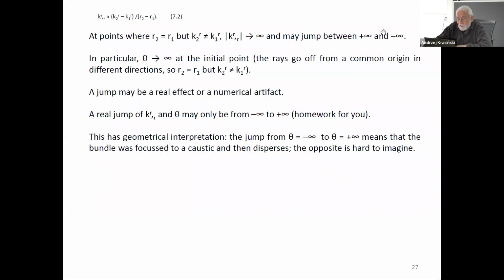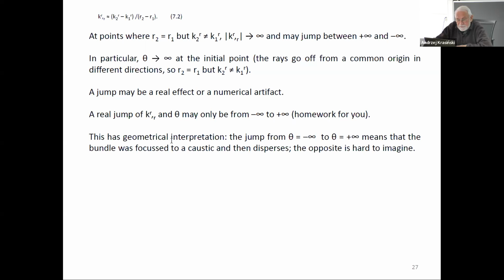But at other points, theta may go to plus or minus infinity and may jump between plus and minus infinity. It can be calculated from this formula that a real jump, it may be a numerical artifact, but if the jump is real, then it may be only from minus infinity to plus infinity. If you are interested why, it's a simple homework for you.